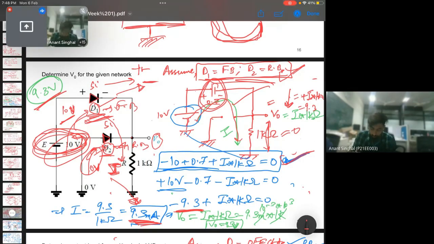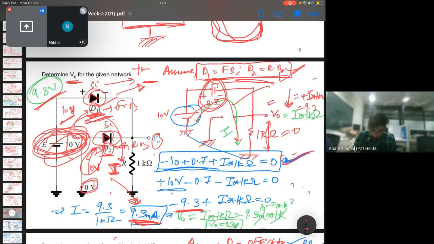So in this question, we needed to determine V naught. We assume whatever D1 and D2 can be. For D1, we knew it is a high voltage applied at the positive terminal, and for D2, the positive terminal was at ground.